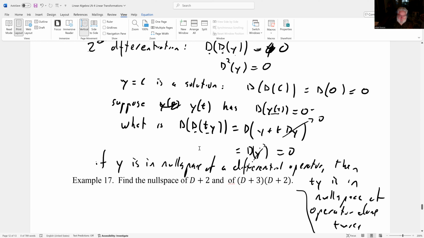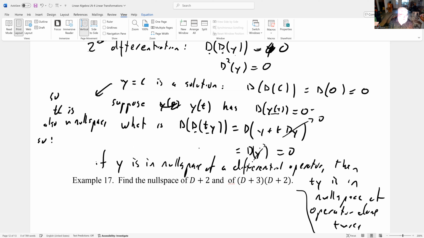So in particular, the null space of the second derivative operator is our lines, because constants are in the null space of the derivative function, and then constants times t are the other solutions.